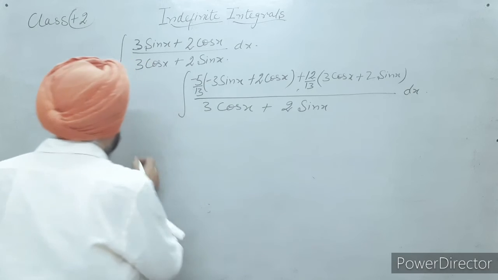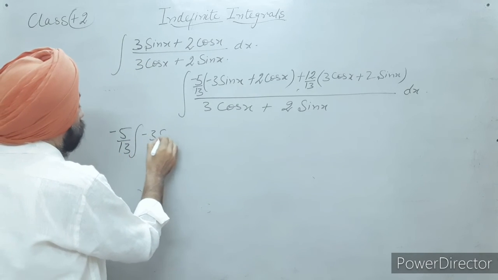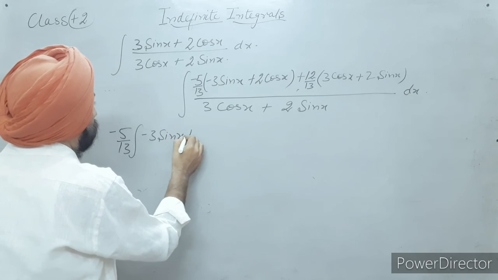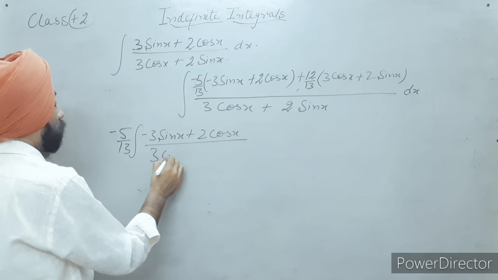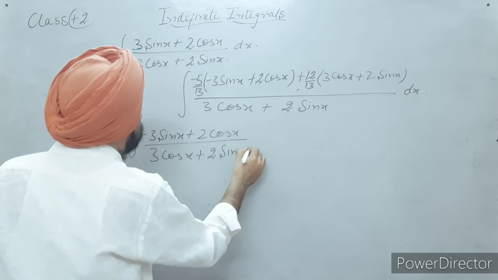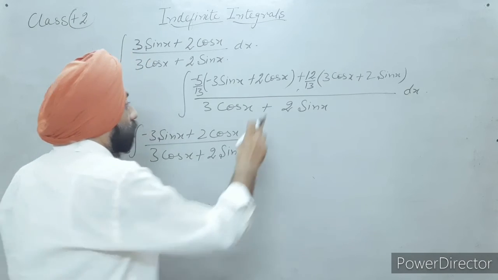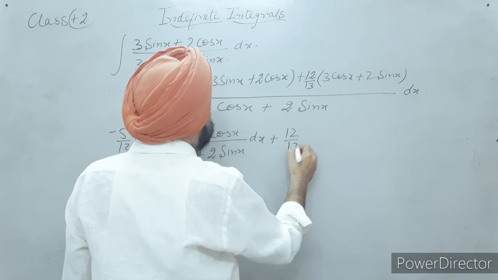Divide them. Minus 5 by 13 comes out: minus 3 sin x plus 2 cos x upon 3 cos x plus 2 sin x dx, plus 12 by 13 comes out.